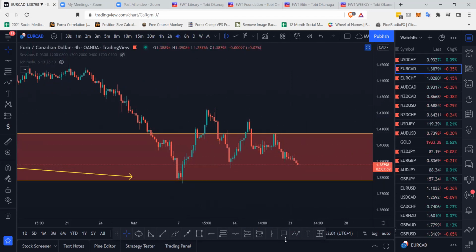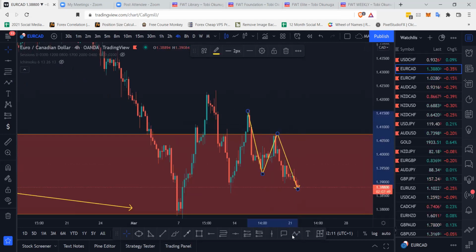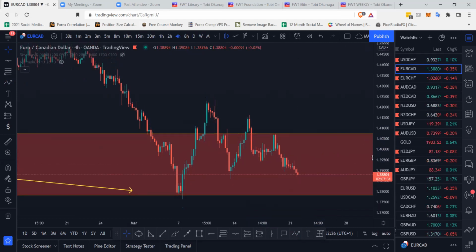For a sell, if you consider this impulse, correction, impulse, then you want to wait for price to retrace into this zone, and then possibly look for a sell to the downside, but that has not happened yet. So we have been provided with nothing yet to trade based on our checklist.